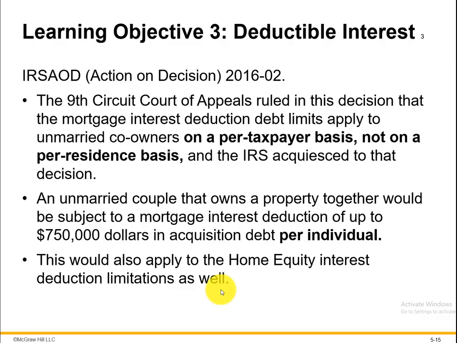Court said, okay, apply to unmarried co-owners. So these two people aren't married. Okay, so it's actually a benefit for not being married, on a per taxpayer basis, not on a per residence basis. So they could have $1.5 million, right, per person. They each are treated as $750,000.